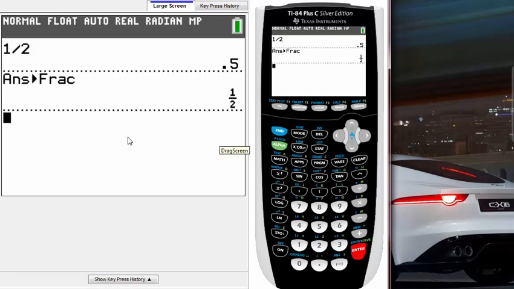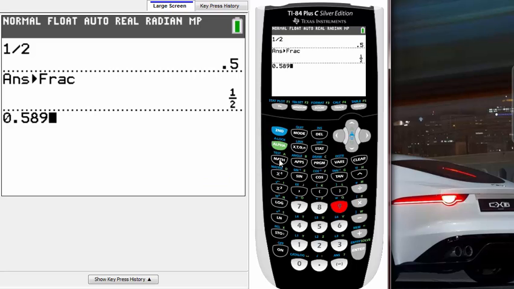You can also use this by typing the number that you want to change into a fraction. For example, 0.589. I want to know what this decimal's fraction would be.